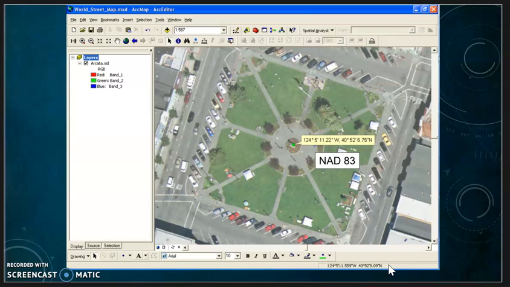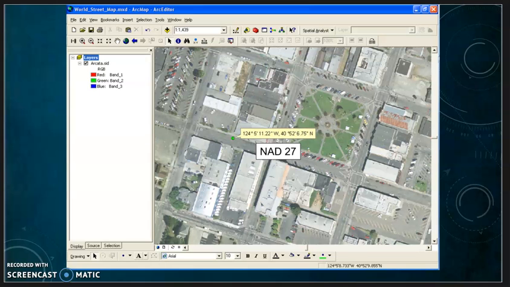But basically this is the center of the plaza in NAD 83. And these are the coordinates that we have put into the GIS. And then if we were to put those same coordinates into the NAD 27 datum, you're going to come up with a different location.